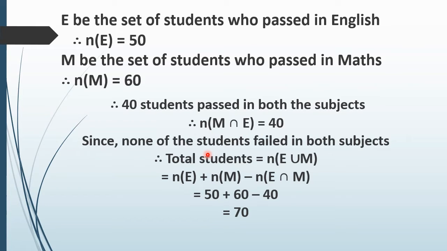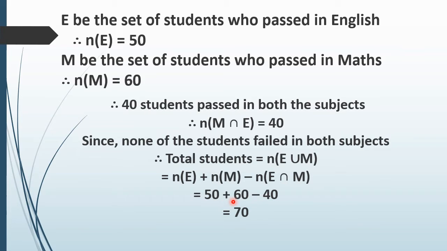Since none of the students failed in both subjects, therefore total students is equal to number of element in E union M, that is equal to number of element in set E plus number of element in set M minus number of element in E intersection M. So number of students in set E is equal to 50 plus number of element in set M is equal to 60 minus number of element in E intersection M is equal to 40.